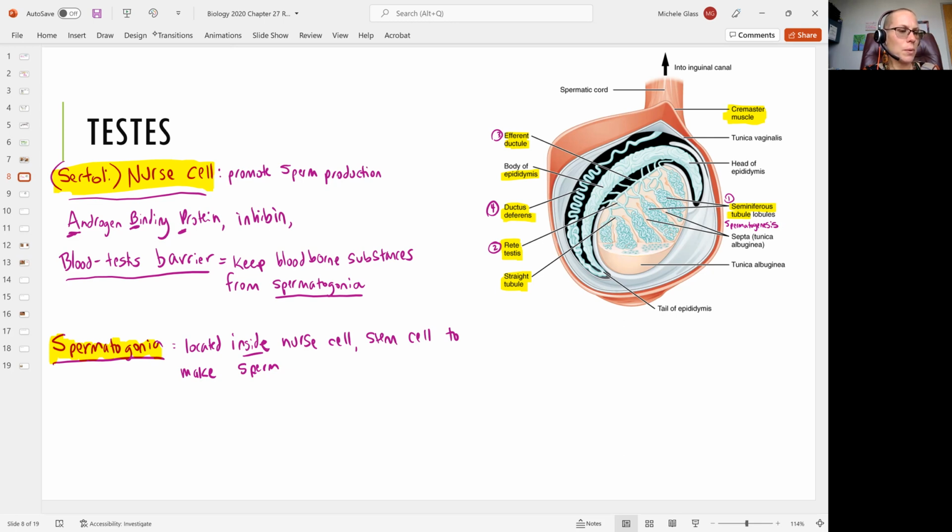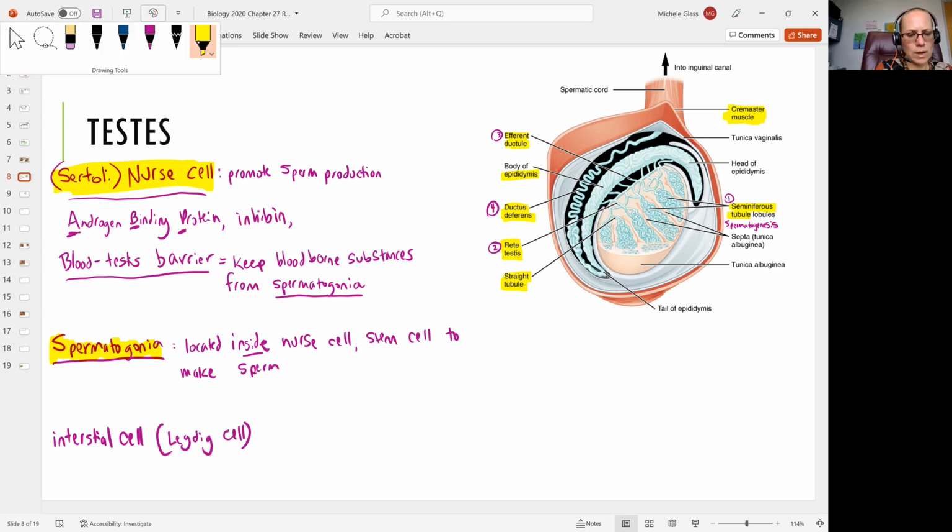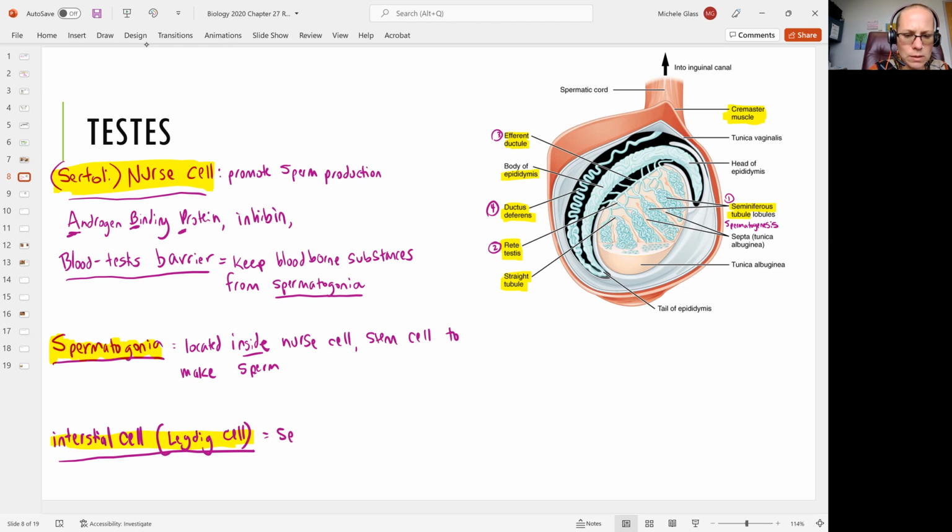The other important cell type that we're going to see here is the interstitial cell. That's the name I'm more comfortable with, but you'll see it also listed as the Leydig cell. We're talking about the same type of cell here. The interstitial or the Leydig cell is going to secrete testosterone.